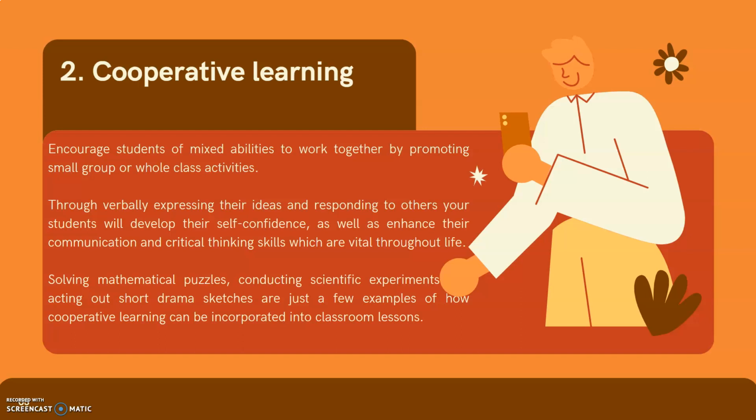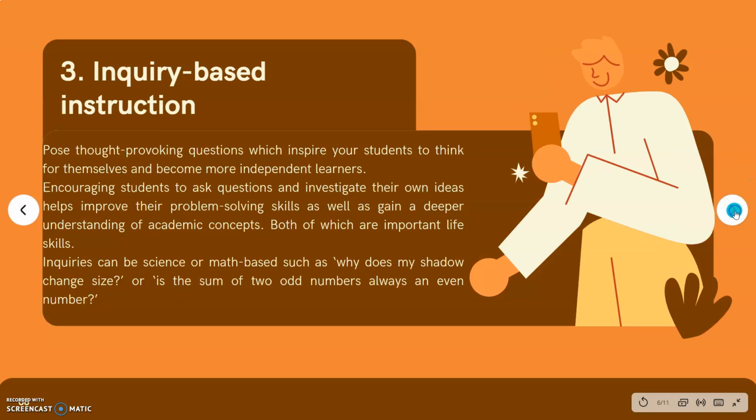And then they engage their communication and critical thinking skills, and they can solve their own problems according to what you give to them. And also here, we have other examples of how cooperative learning can be incorporated into classroom lessons.